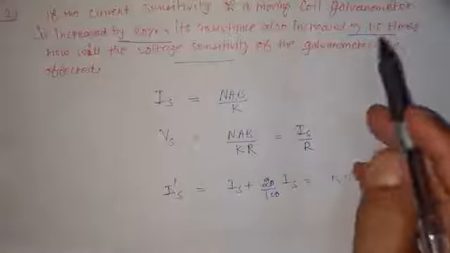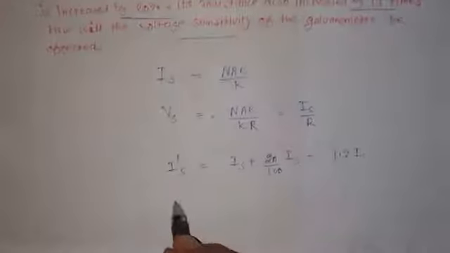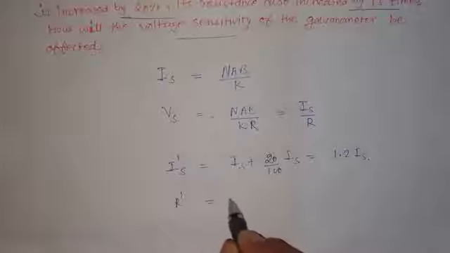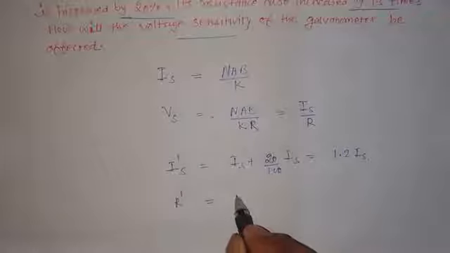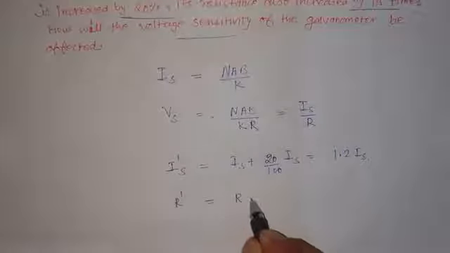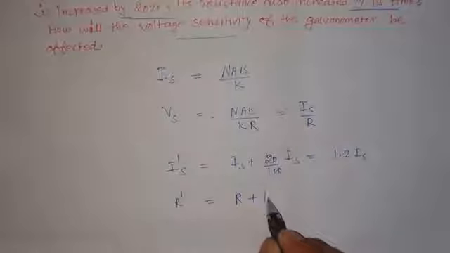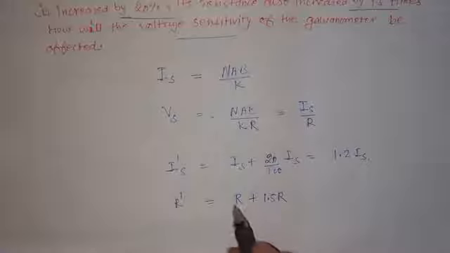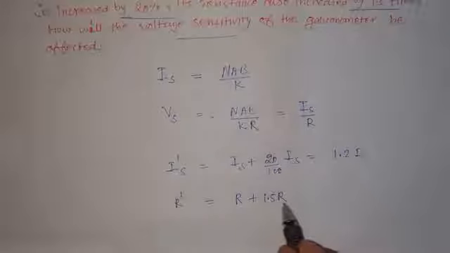Similarly, the resistance increases. The new resistance is R initially, and there is a 1.5 times increment in that. ठीक है, पहले R था, उसमें 1.5 टाइम्स इंक्रीज हो जाता है.